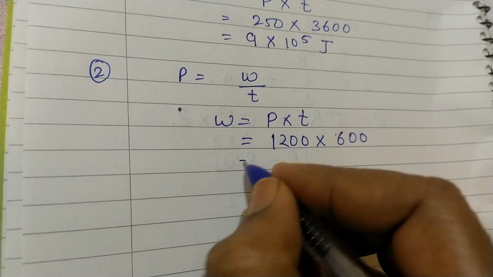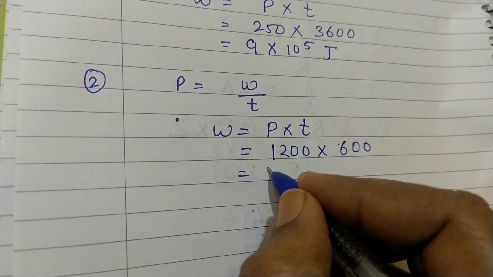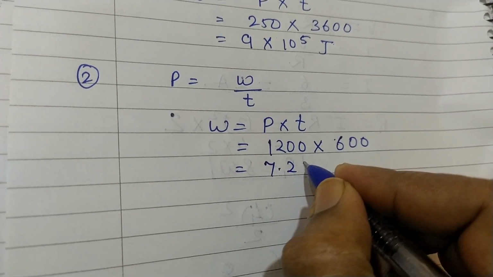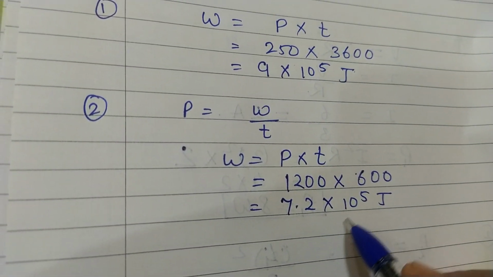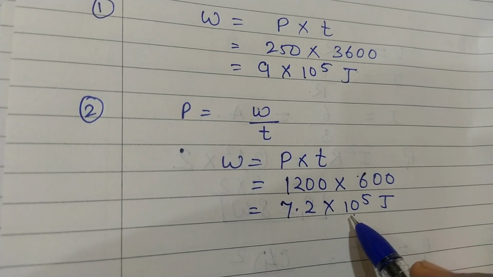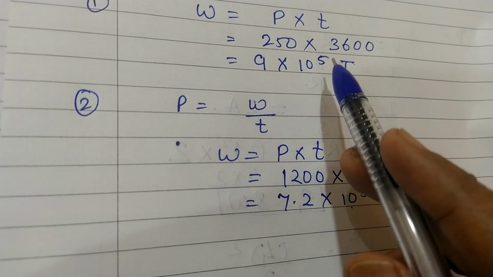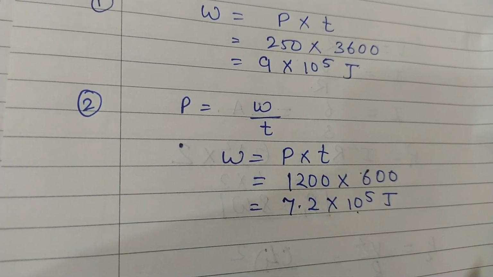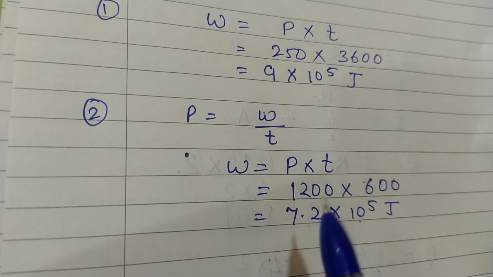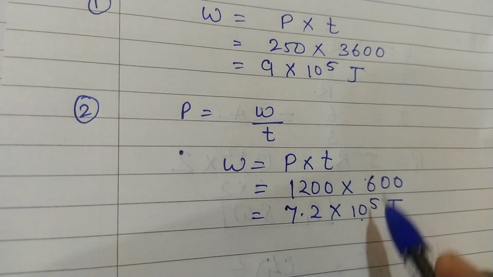So if we calculate it, it becomes 7.2 into 10 raised to 5 joule. Here for comparison, just see that whatever is the power of 10, it should be same. Here it should not be 10 raised to 6 or here it should be 10 raised to 4 and then you are comparing. Definitely it will matter then. So convert into same powers and then compare.